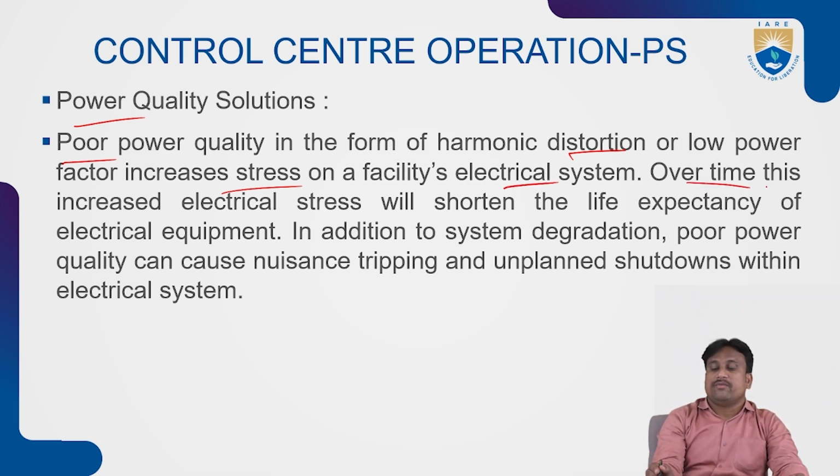Over time, this may increase the electrical stress, which will shorten the lifespan or life expectancy of the electrical equipment. So in addition to that system degradation, poor power quality can cause nuisance disturbances like tripping and unplanned shutdowns that happen within the electrical systems.